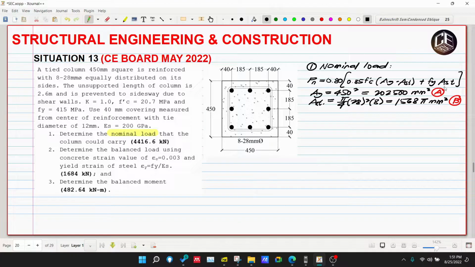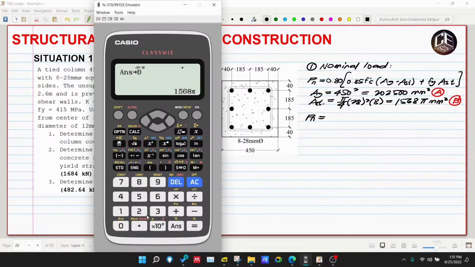Ayan. So, makukuha na natin yung ating PN. Ang ating FY is 450, ang ating F prime C is 20.7. So, 0.80 multiplied by 0.85 multiplied by 20.7 F prime C multiplied by AG, which is alpha A, minus AST, which is alpha B, then plus FY na 450 multiplied by AST, which is alpha B. Ayan.